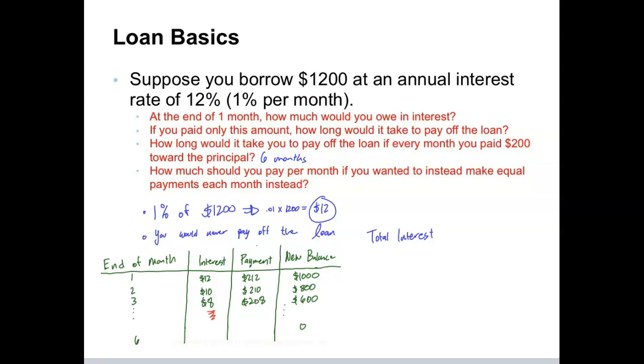The way we're doing this, the interest comes down by $2 each month. So I would end up paying 12 plus 10 plus 8 plus 6 plus 4 plus 2 in interest, which is $42.